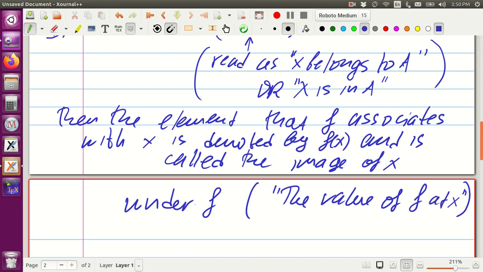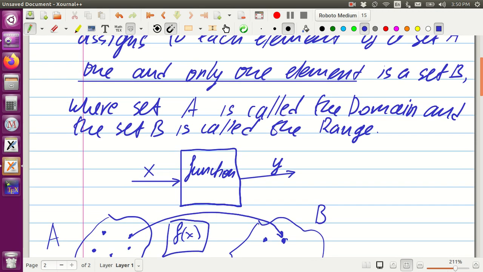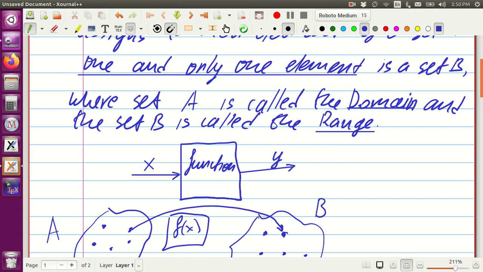So now I use the words domain and range over here, but let's describe them a little bit in more detail.